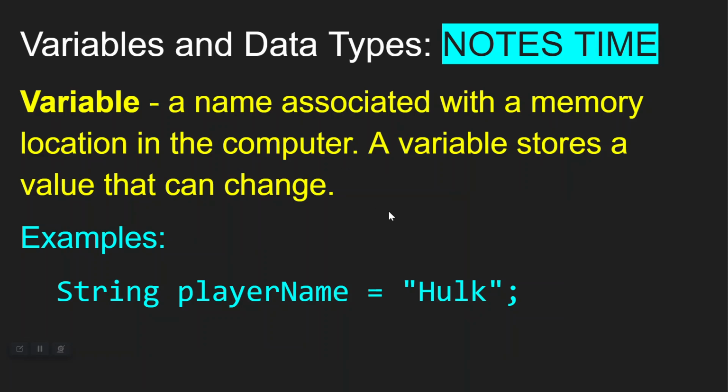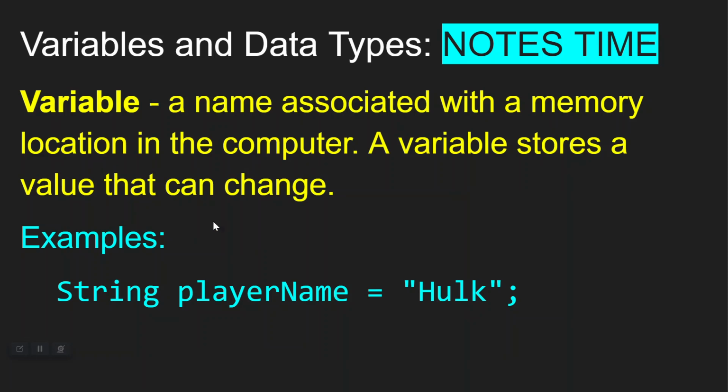So when you declare a variable and you give that variable a name, that name is essentially a pointer. It is associated with a specific area in memory, and we're going to do a deeper dive into this later on. So remember that a variable stores a value, but that value can change.